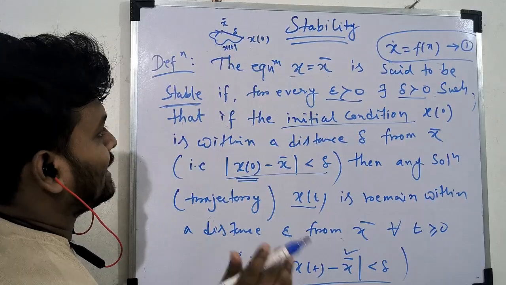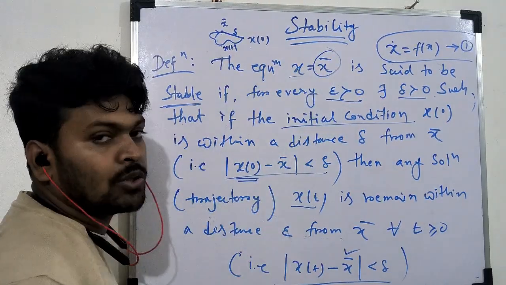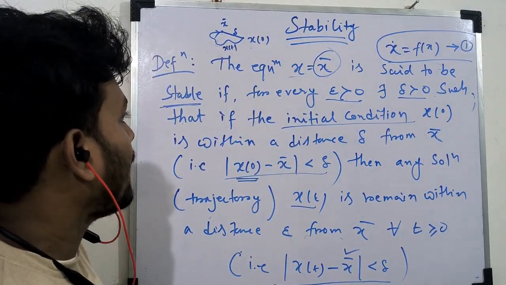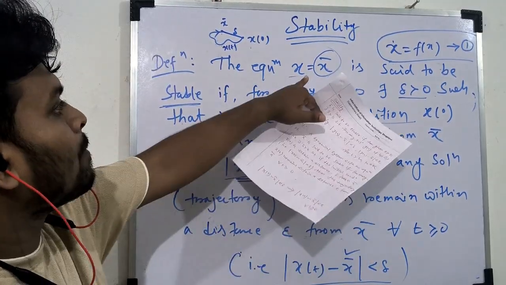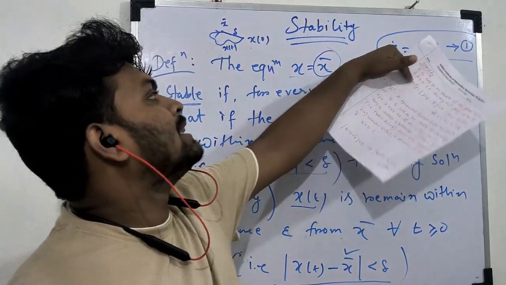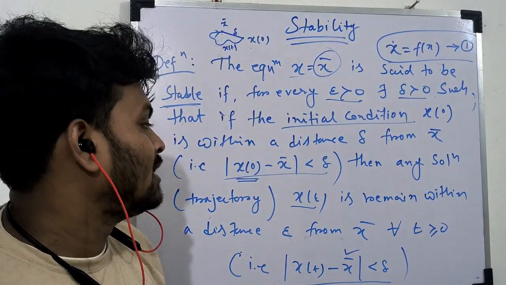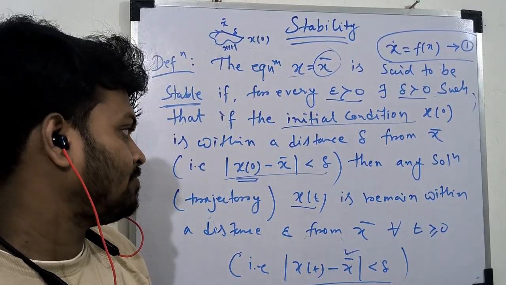If this happens, then the equilibrium point x equal to x bar is called stable. And if the equilibrium point of this system is stable, then this dynamical system is also called a stable dynamical system.